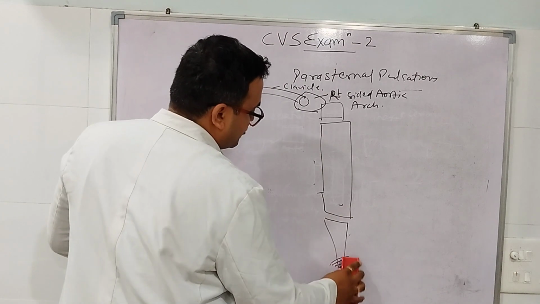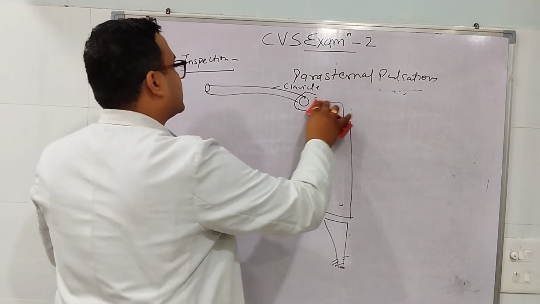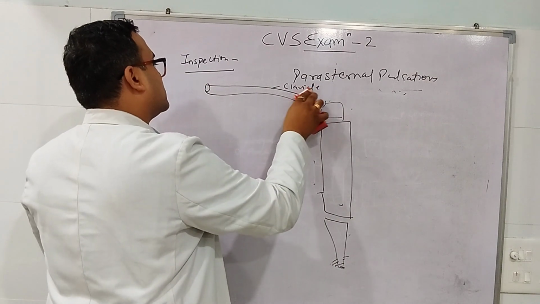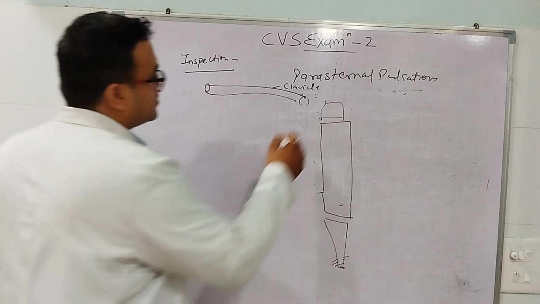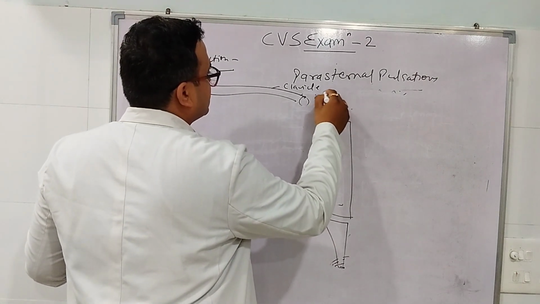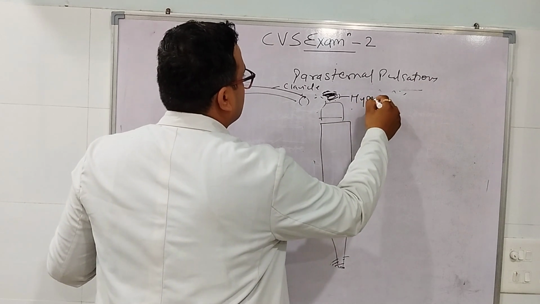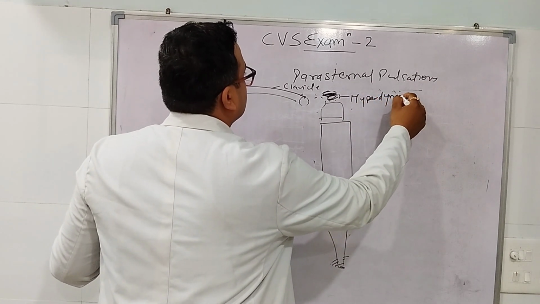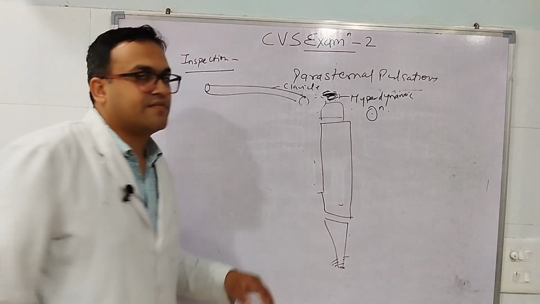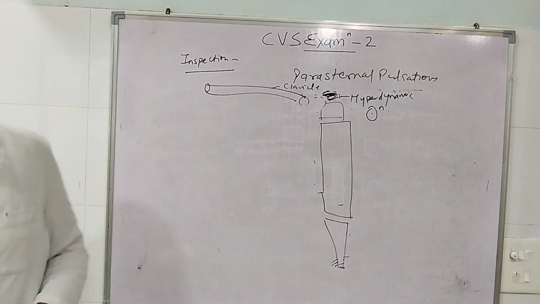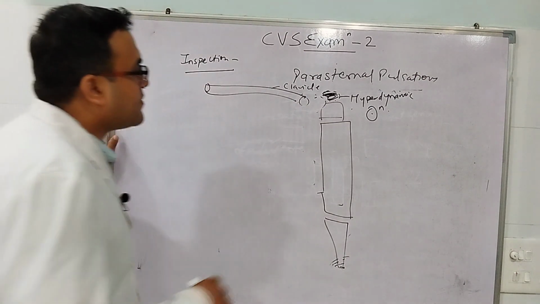Now coming to suprasternal pulsations. So suprasternal pulsations or episternal pulsations we can see in hyperdynamic circulation. In a patient with hyperdynamic circulation, we can see these pulsations.